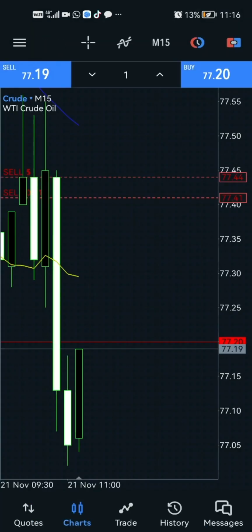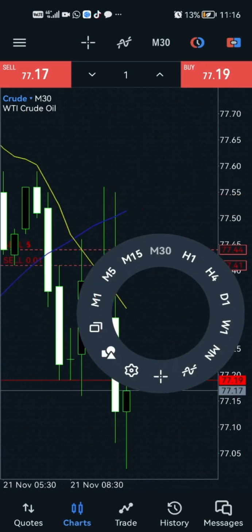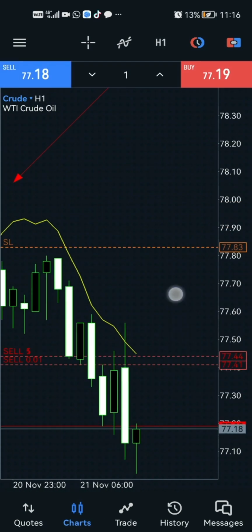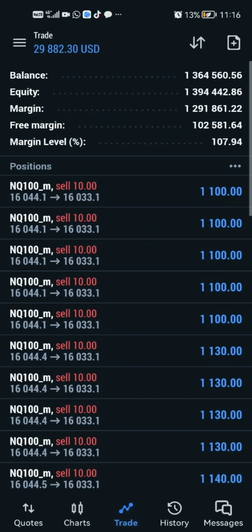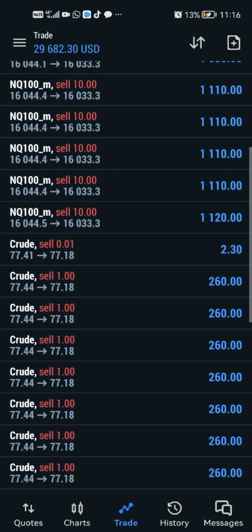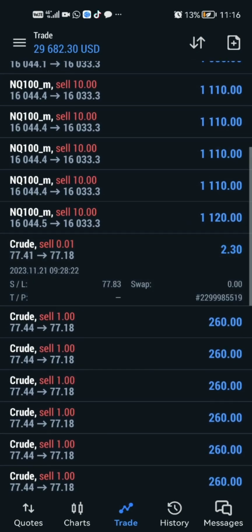Crude oil, let's see. It's also going through a little bit of a retest, but currently it's flowing. It's just moving a little slow, but we wait. With the minimum entry we made with crude oil, let's see how much profit it is currently.